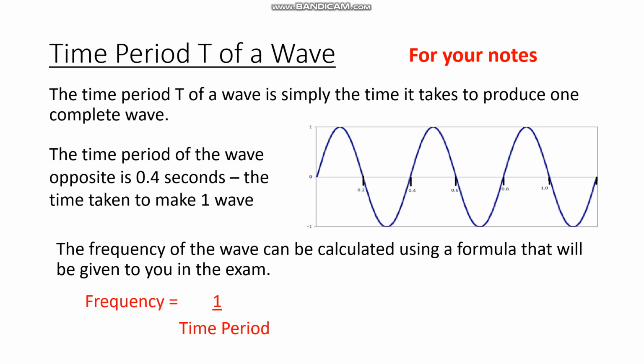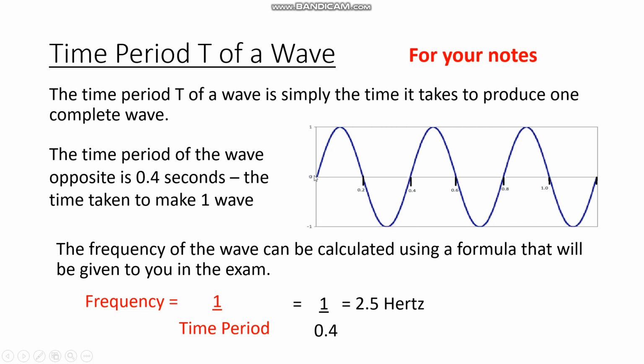If we calculate the frequency of the wave on the right hand side, it's 1 divided by our time period, 0.4. 1 divided by 0.4 gives us 2.5 hertz. If you're unsure whether that's right, just consider this. The frequency of a wave is the number of waves made in 1 second.